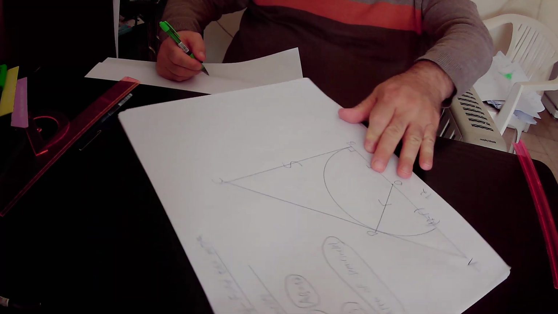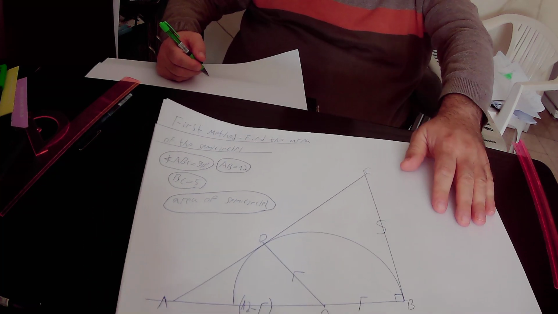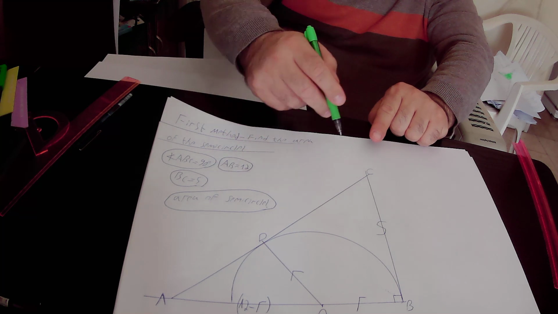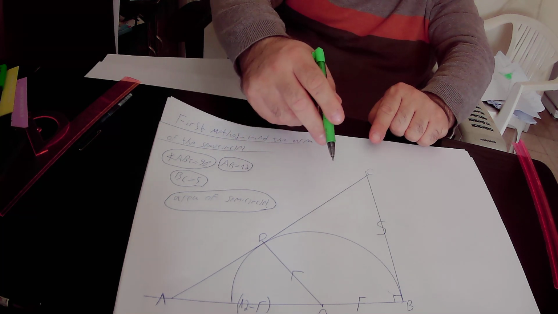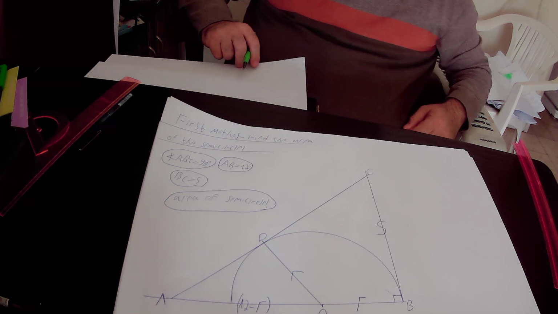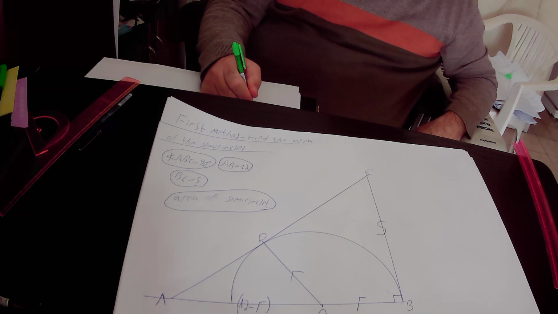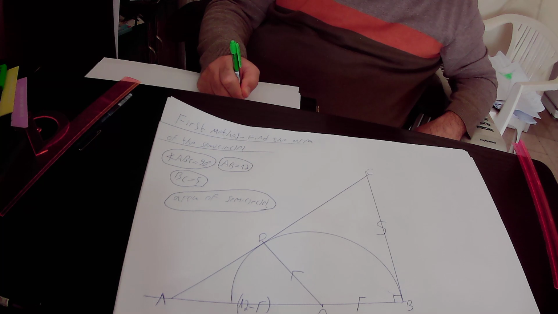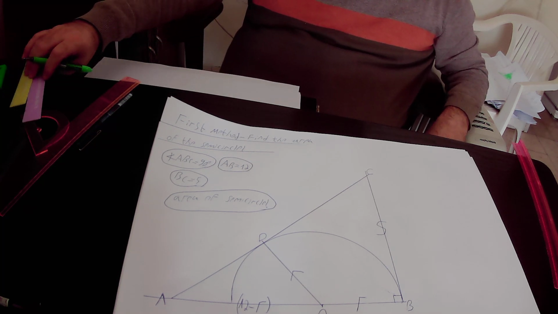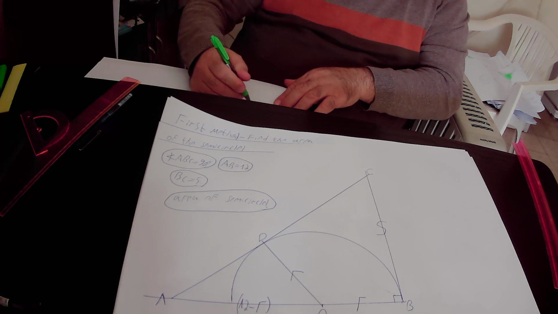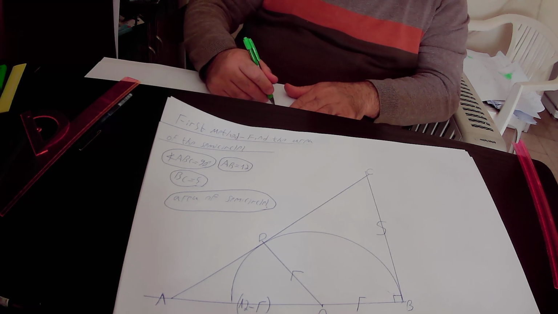In the next step, we will find out the length of the hypotenuse AC of the right triangle ABC. According to the Pythagoras theorem, the square of the hypotenuse equals the sum of the squares of the perpendiculars.